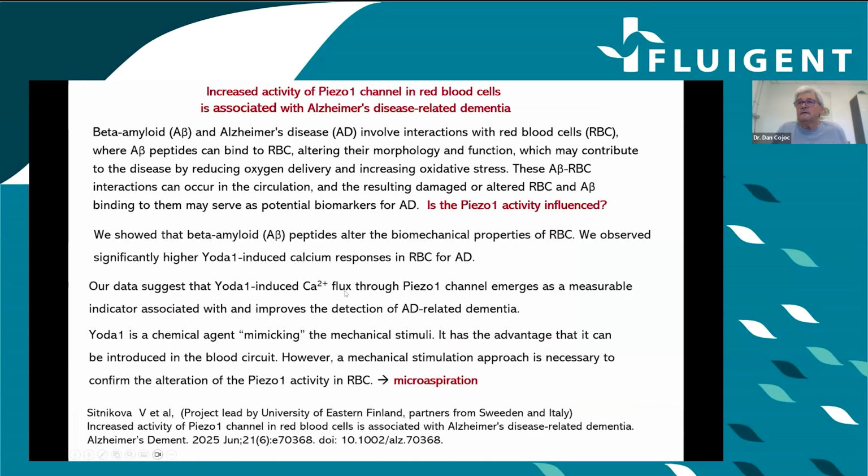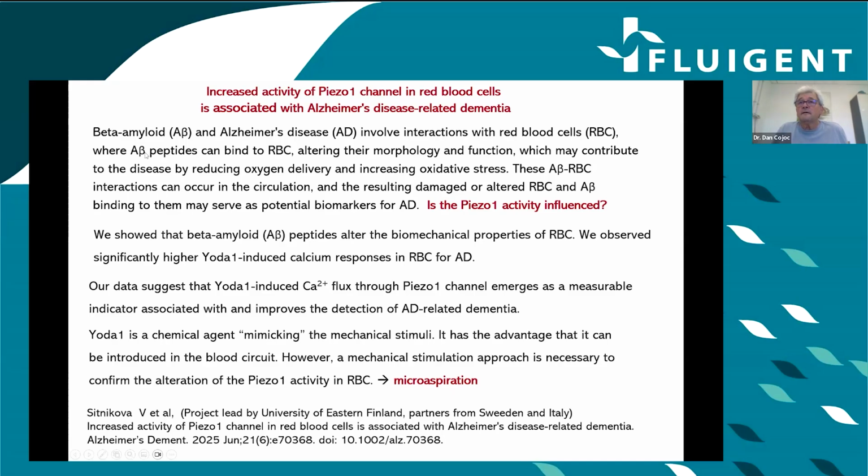But there is also an alteration of the red blood cell by the beta amyloid, which can be speculated. So what is beta amyloid and Alzheimer's disease? It involves interactions with red blood cells because the blood circulates through the brain.